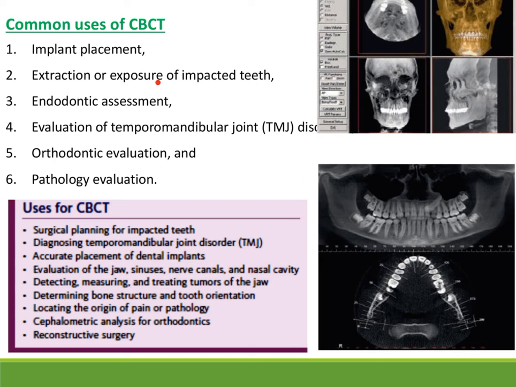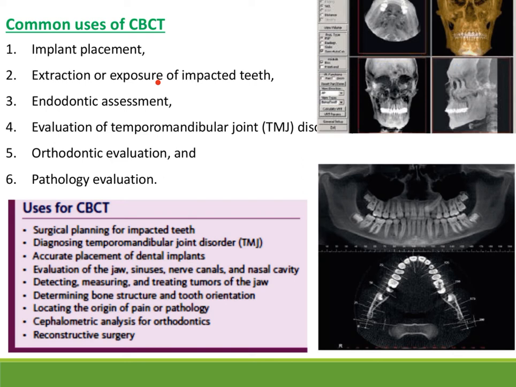Endodontic assessment, then evaluation of temporomandibular joint, orthodontic evaluation, and also pathology evaluation. So, what are the uses of the CBCT? Any information that you want to know, which is in 3D, you can take it with the help of CBCT.